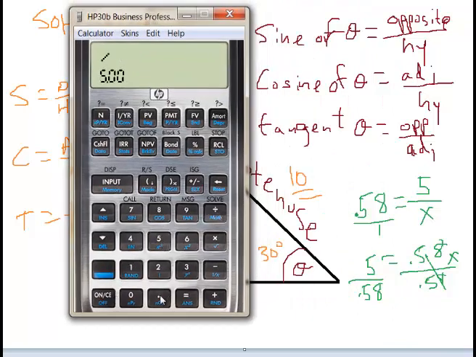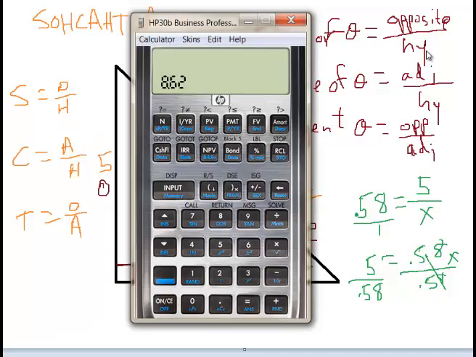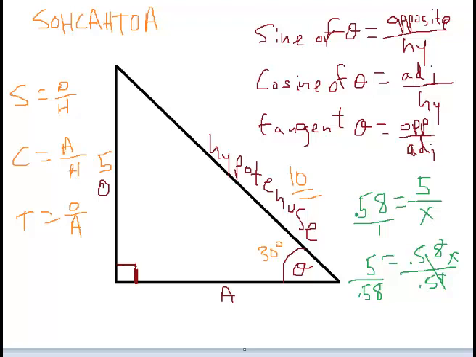So we've got 5 divided by 0.58, and lo and behold, 8.62. Before we got 8.7, but it's probably because they were both rounded a little bit. If you did the full number, instead of rounding off to 2 places, it would be the same result.